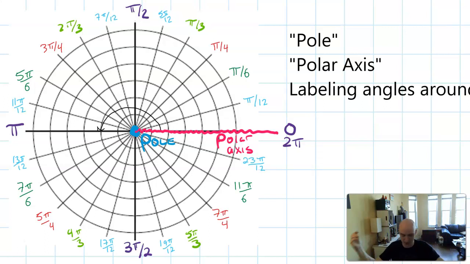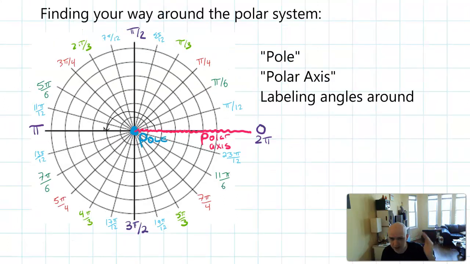So this is like a polar plane with all the angles labeled all around. You can get polar graph paper that divides the angles even smaller or even larger. This is kind of the standard, but you can get it in different sizes too. There's some apps online that generate different sizes of polar graph paper. So depending on how fine of a resolution of graph you want to do, you can change your scale around based on the paper you generate, just like you can with rectangular graph paper, deciding how big your squares are.